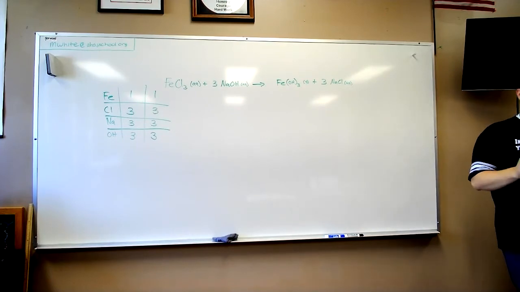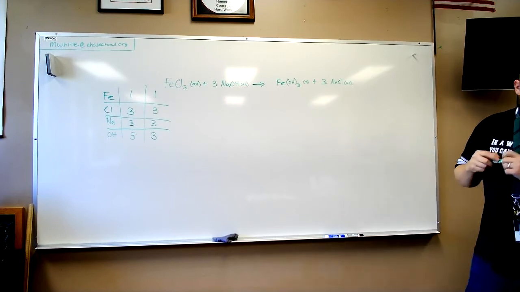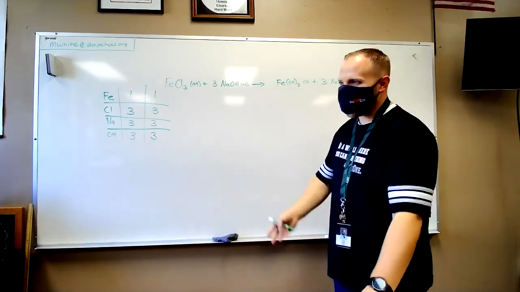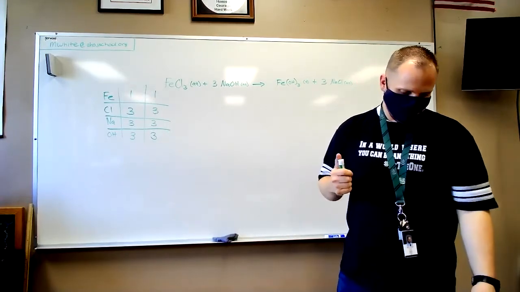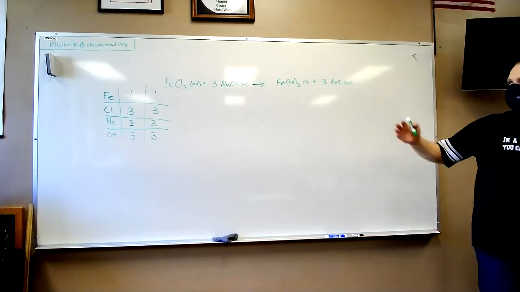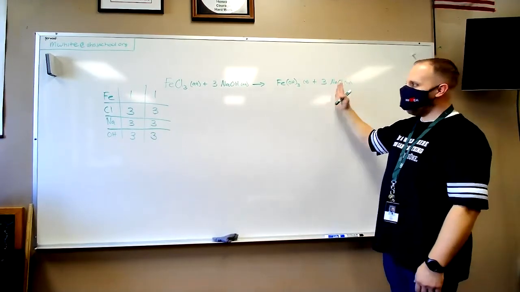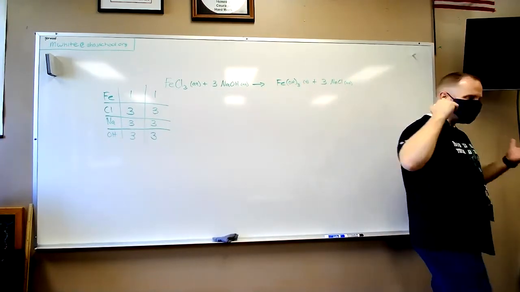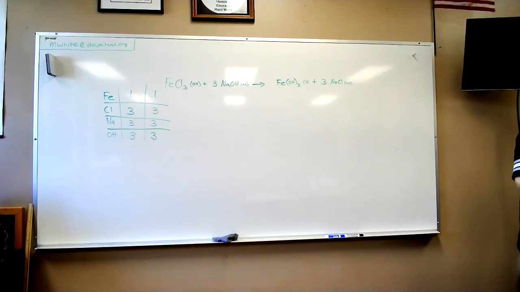That's your balanced equation. It comes down to we have to account for all of our matter. We cannot be finishing with more or less than what we started with. That does not work.